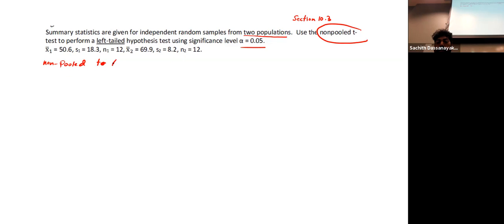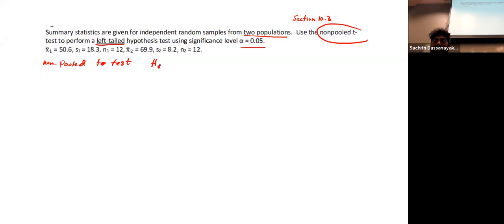First, what are the hypotheses? I mean, your null and alternative hypotheses. This is a left-tailed test.